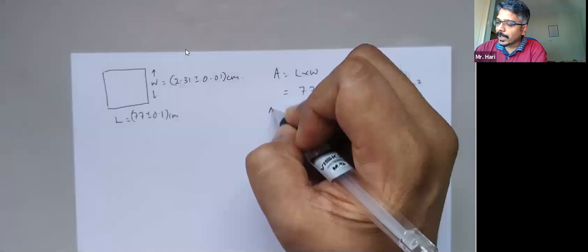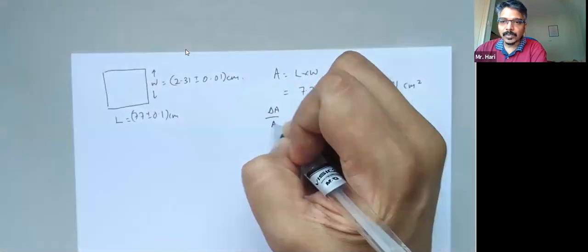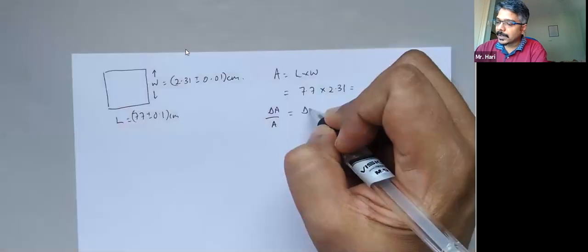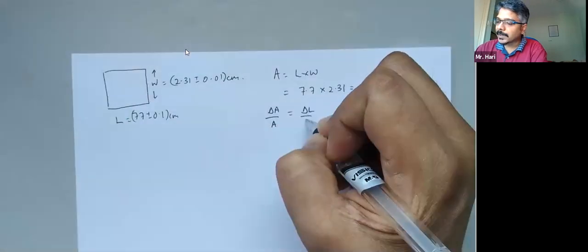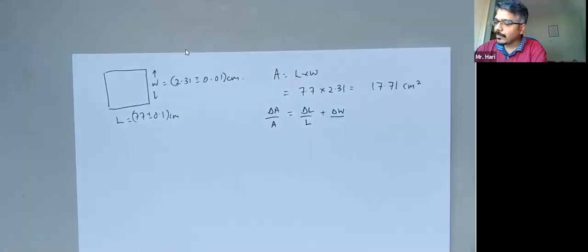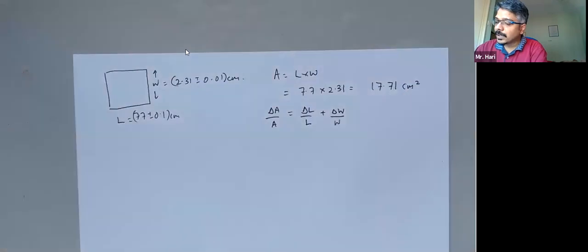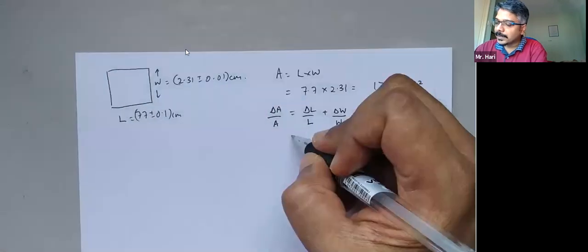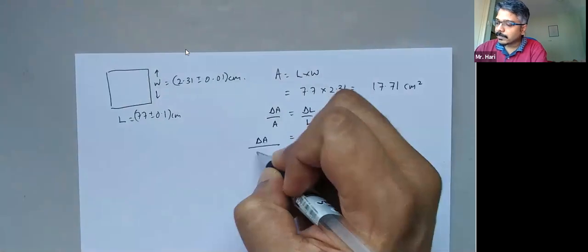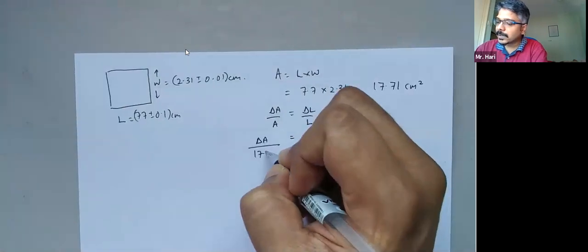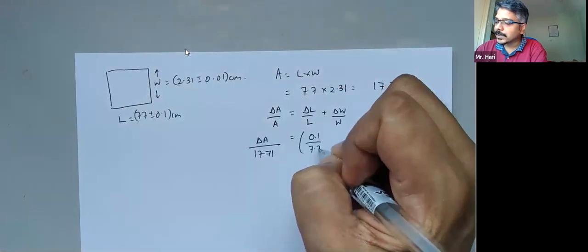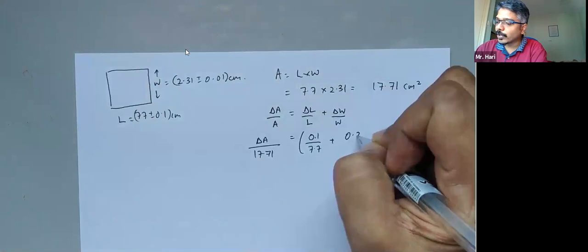Delta A over A, the fractional uncertainty for the error, is the fractional uncertainty for L plus the fractional uncertainty for the width. In this case, delta A over 17.71 equals 0.1 over 7.7 plus 0.01 over 2.31.